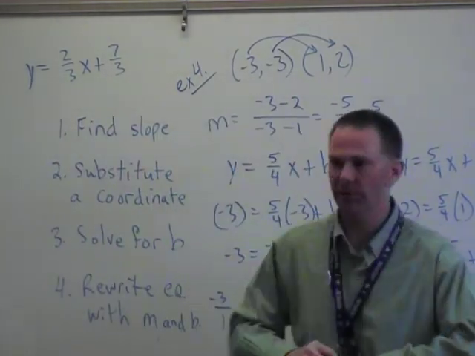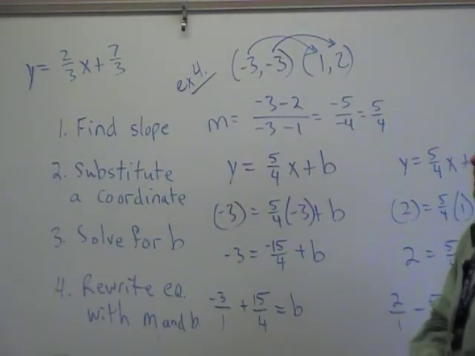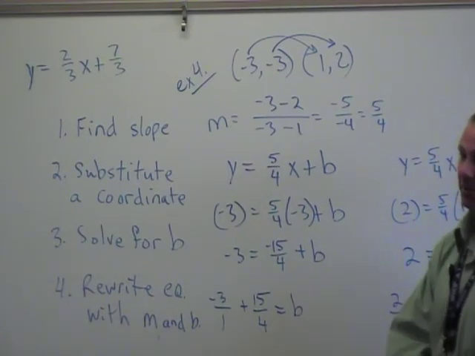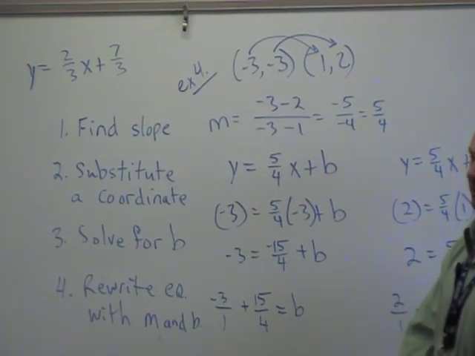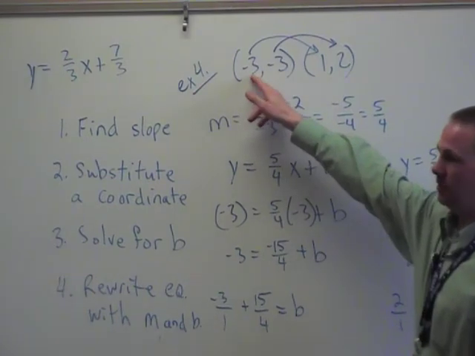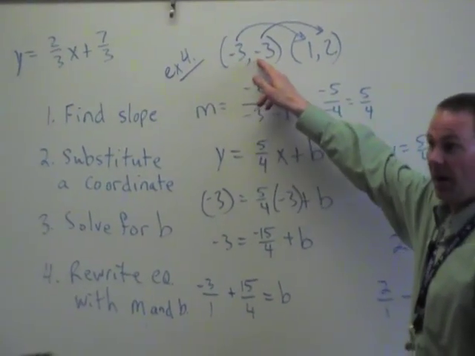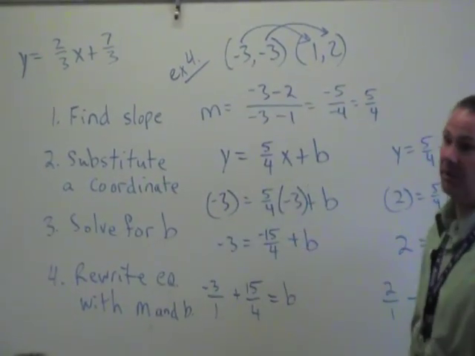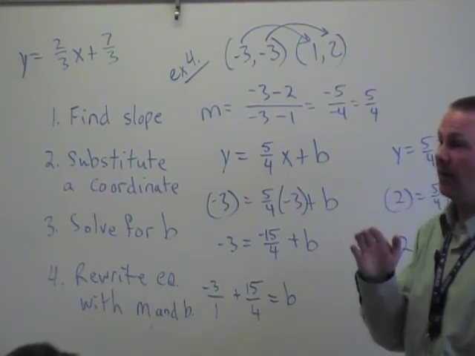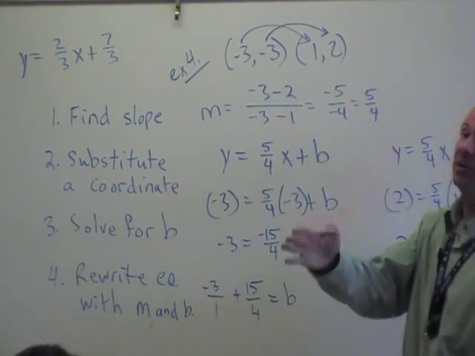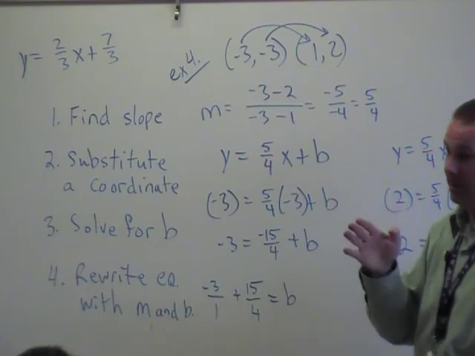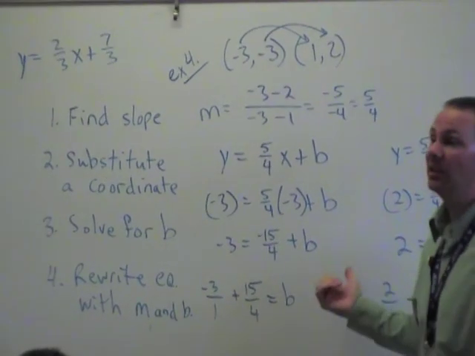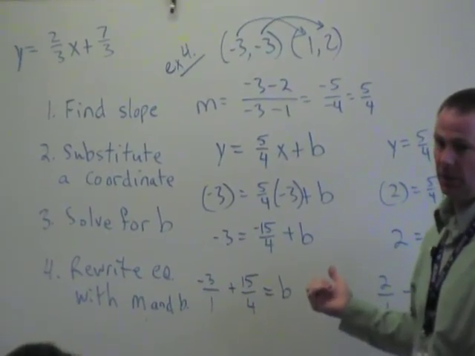That's basically what you have to do each time, unless they give you the intercept. Again, if one of the coordinates has a 0 for x, then the y is your intercept. You don't need to do this step. If they give you a graph and you can see where it crosses the y-axis exactly, you don't need to do this step.